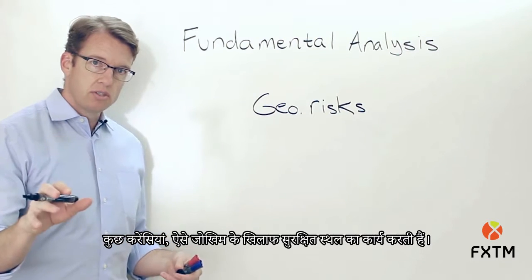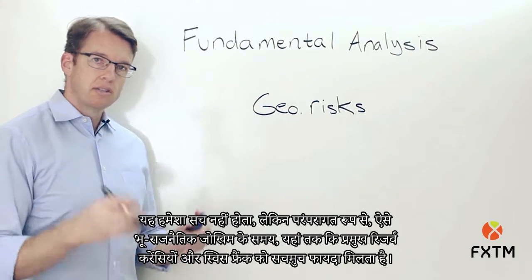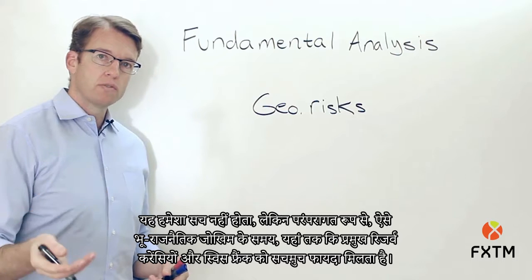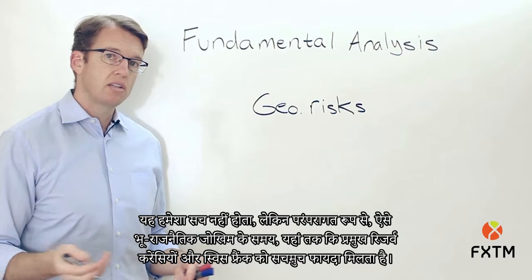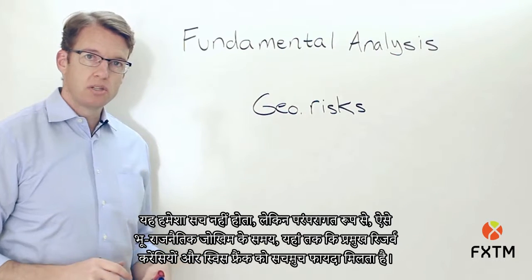Now, some currencies will act as a safe haven against those kinds of risks. This is not always going to be true, but traditionally, the major reserve currencies and the Swiss franc tend to actually benefit in times where we're experiencing geopolitical risks.